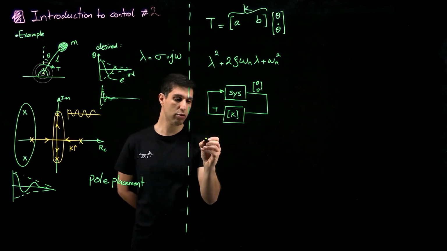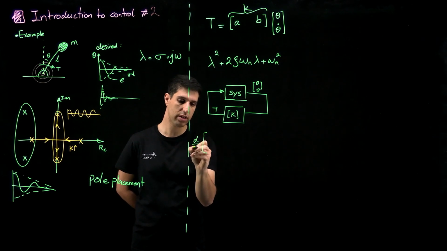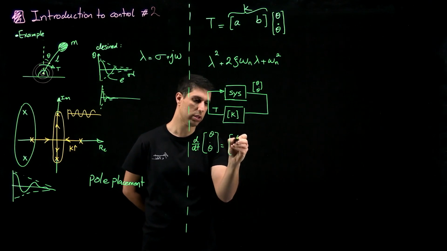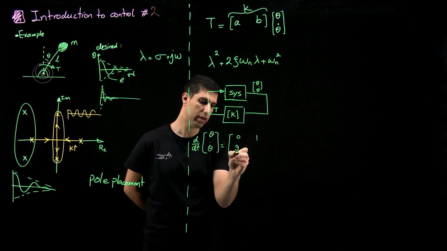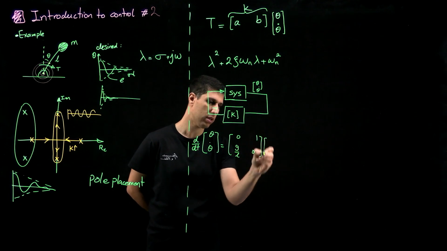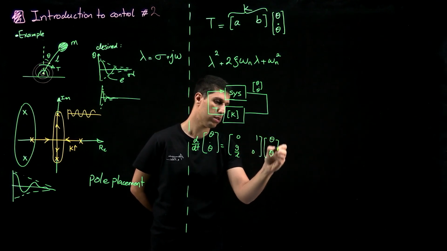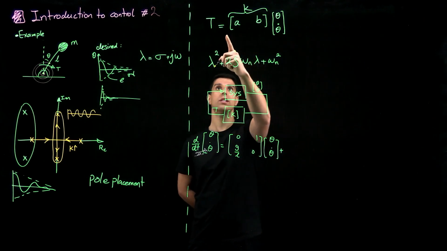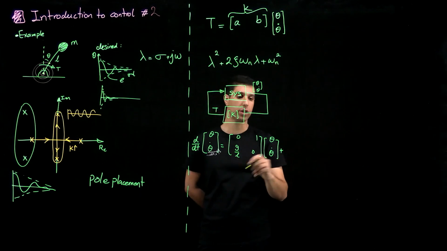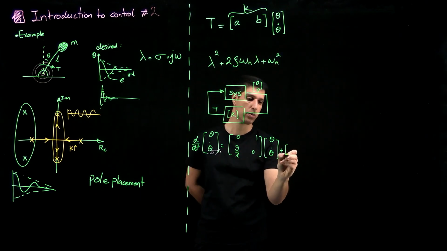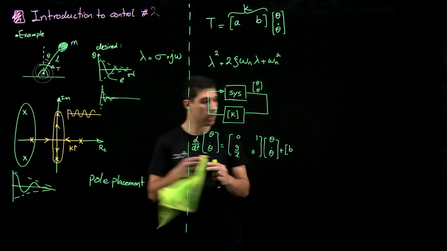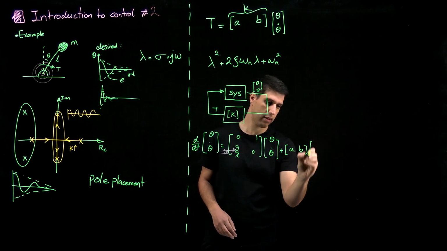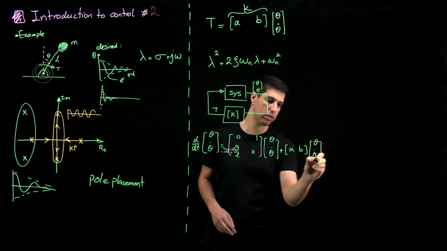So going back to my state space equation, I have d over dt of theta, theta dot equals 0, 1, g over L, 0 times theta, theta dot, plus now this torque, which I'm going to replace with A B times theta, theta dot.